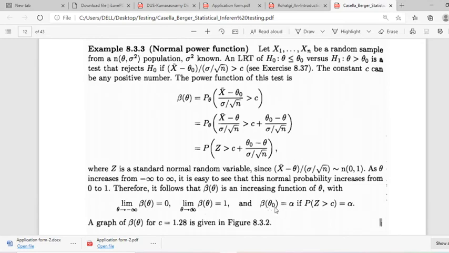So beta of theta naught equals alpha. Somewhere in between minus infinity and infinity, this value becomes alpha.